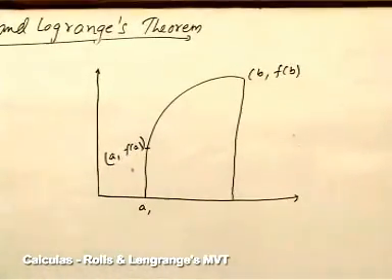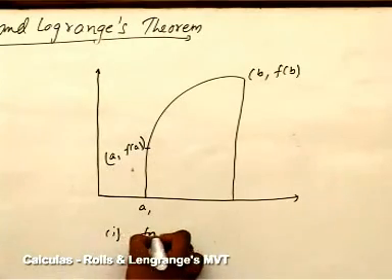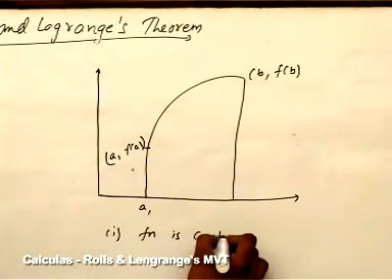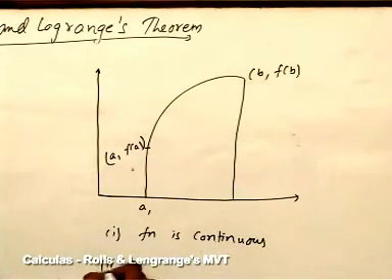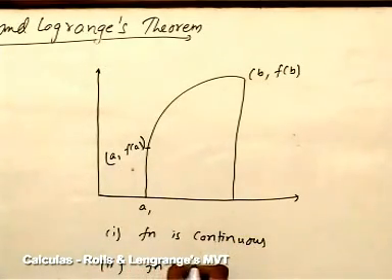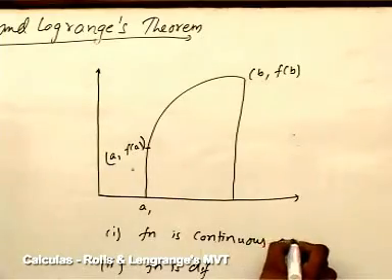There exist only two conditions. First, the function is continuous, and second, the function is differentiable on AB.